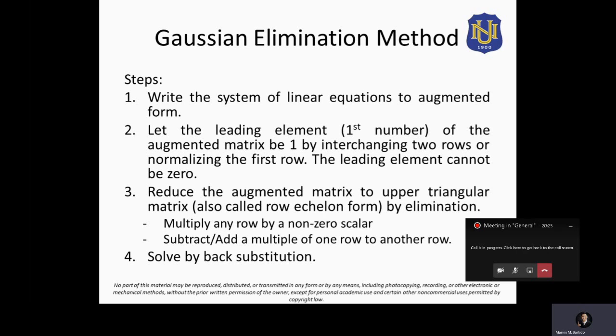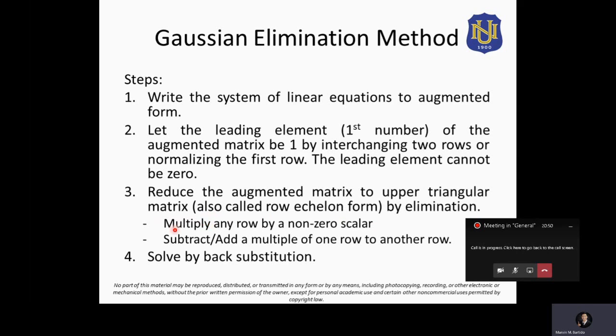So we're going to reduce that by elimination. So yung ginagawa natin by elimination, we are multiplying any row by a non-zero scalar. So ibig sabihin, if yung normalized row natin, which is yung first row, wherein yung leading element ay 1, we can multiply that doon sa elements na gusto nating mapag-zero.